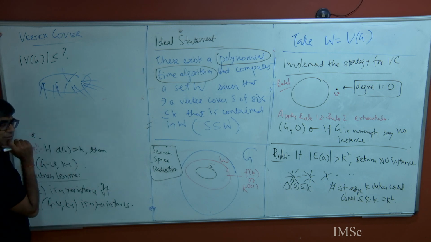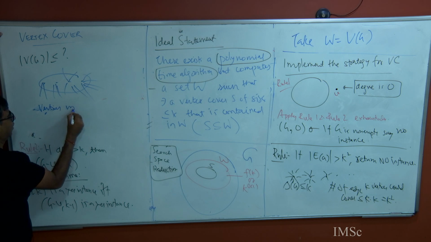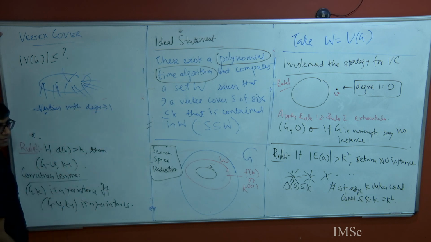Then where did I use the degree 1 rule? Rule 1, where did I use it? This only counts, if you notice, vertices with degree at least 1, because then only some edge is incident, no? It does not count degree 0 vertices.